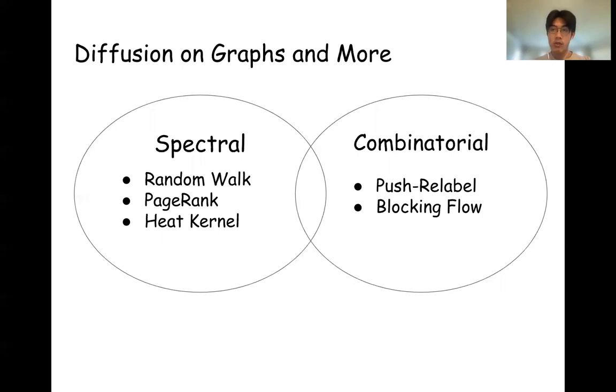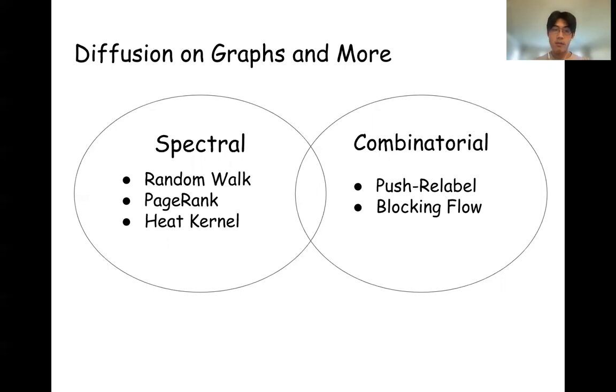And another category is the combinatorial ones. They use the concept of network flows to view the process of diffusion, and this gives some results using push-relabel and blocking flows.